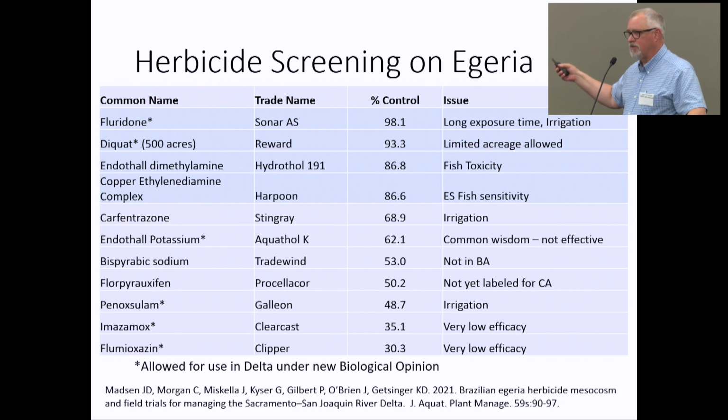It's just in the delta we can't use this because of concerns for the fish. So out of all those at the time, we could only use that one herbicide in more than 500 acres. Since then, we can use more diquat, which is a good thing because there are a lot of places in the delta where fluridone was just not a usable solution.